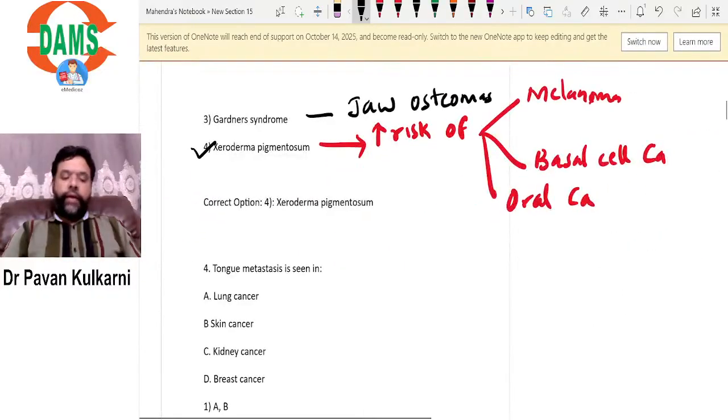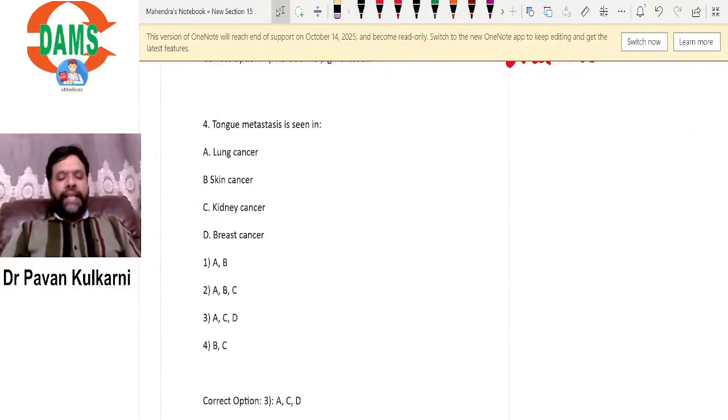Let us move on to the next, fourth question. Tongue metastasis, meaning deposits in the tongue, is seen in: lung carcinoma, skin cancer, kidney cancer, breast cancer.